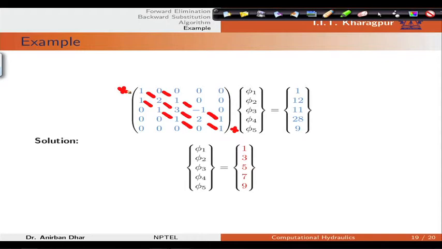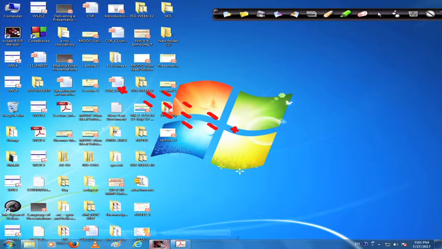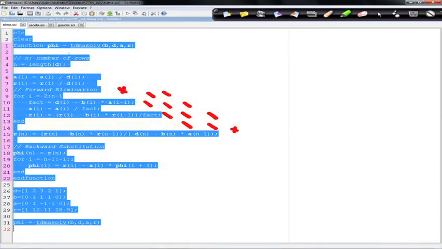Now, we already know the solution for this problem. We have utilized Gauss elimination and LU decomposition for the solution of this problem. Now, in this case we can use this tridiagonal matrix approach.